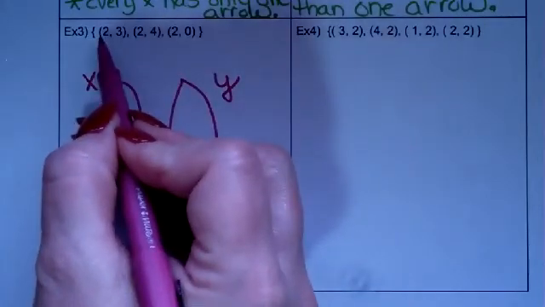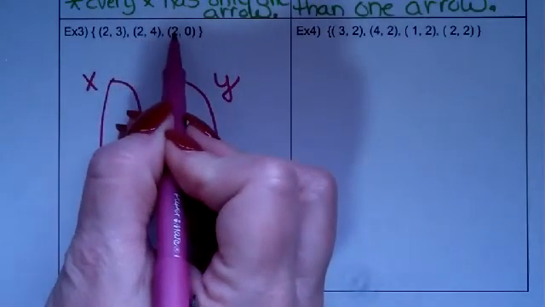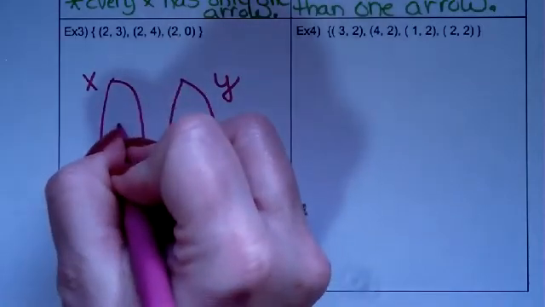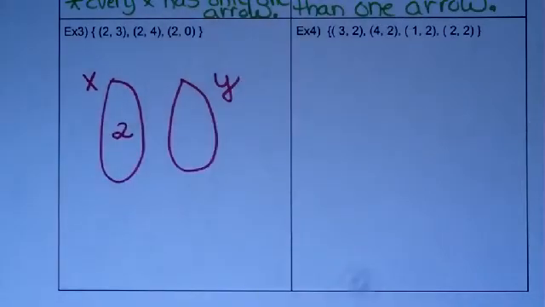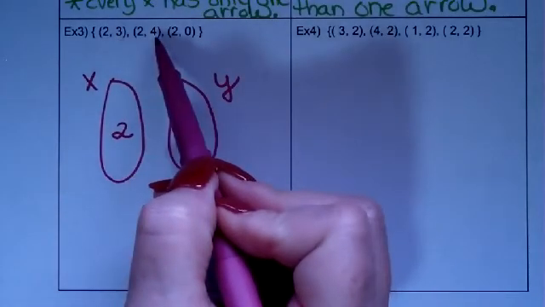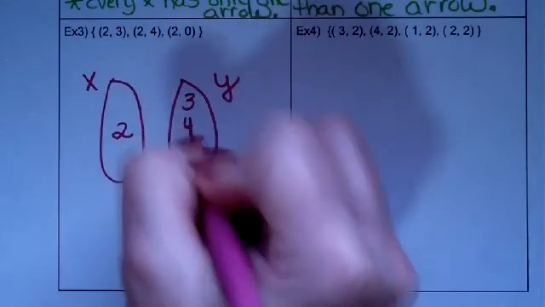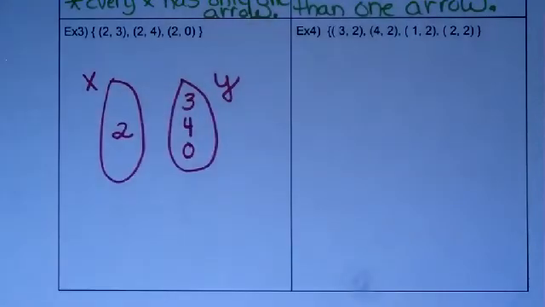I've got a 2, a 2, and a 2. Well, wait, they're all the same. So only write the 2 one time. Remember, we don't write repeats. Okay? Then if I look for the Y numbers, I've got 3, 4, and 0. Okay?